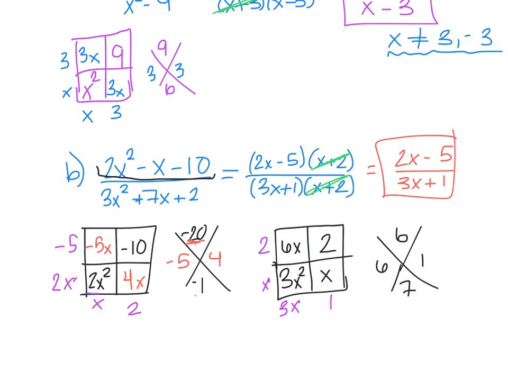But we need to write restrictions on x. My one restriction is going to come from this. This whole thing cannot equal 0. So if 3x plus 1 cannot equal 0, subtract 1 from both sides.